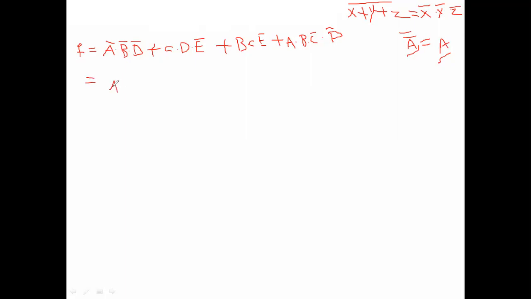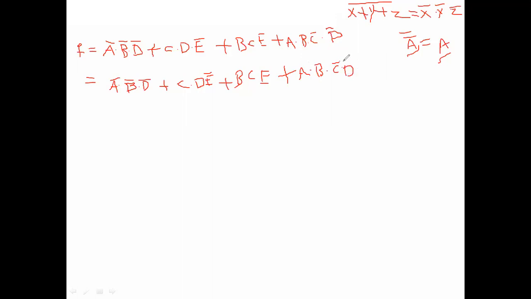So what happens? A bar dot B bar dot D bar plus C dot D dot E bar plus B C E plus A dot B dot C bar dot D bar.